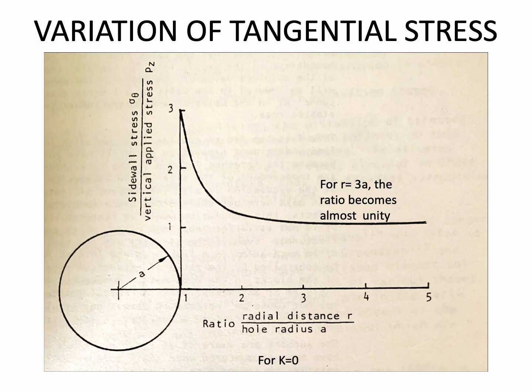The variation of tangential stress is depicted in this diagram. Theoretically, the ratio of side wall stress sigma theta to the vertical applied stress is of the order of 3 at the periphery of the opening with a radius a.